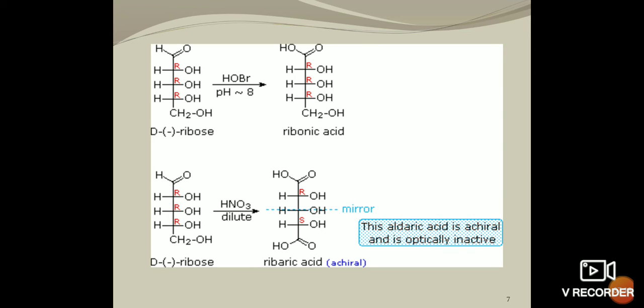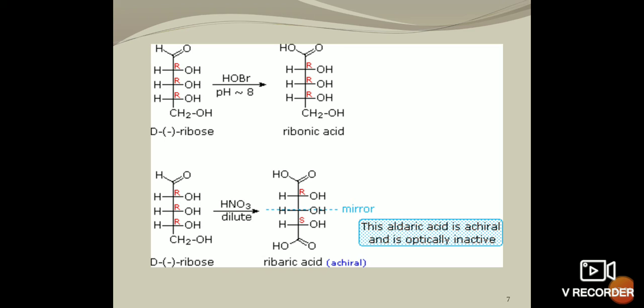Here we see D-ribose, in presence of hypobromite. It forms ribonic acid. It means the aldehydic group is converted into a carboxylic group. The second one is D-ribose in presence of nitric acid.